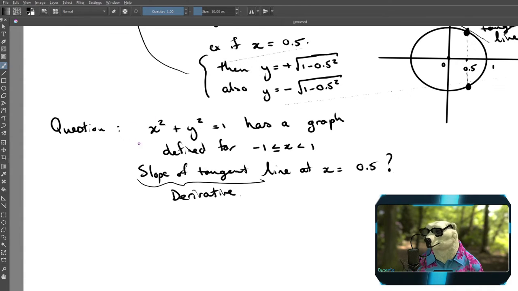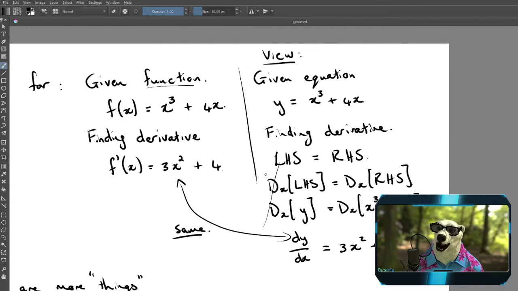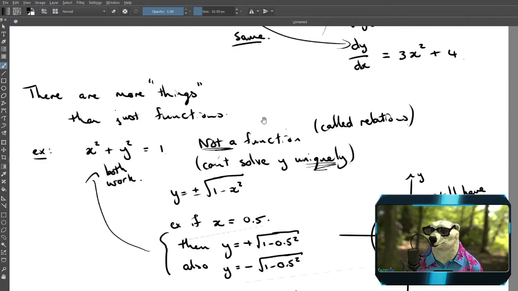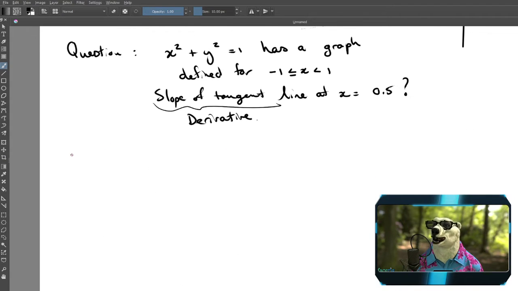But I'm going to have to see this with the right side view if we're going to find the derivative, because I'm not able to write y equals something. Luckily, it is quite simple.